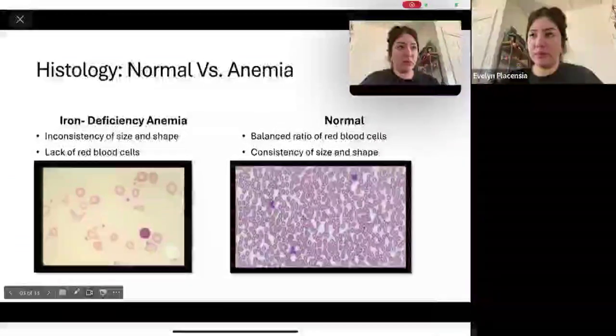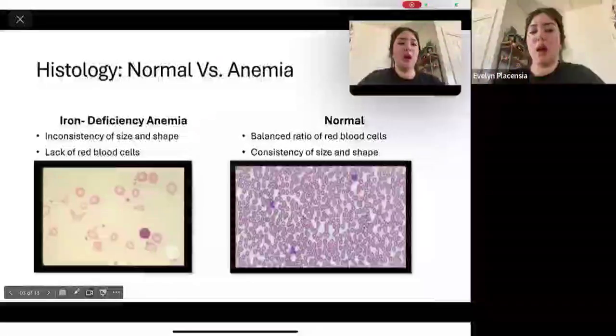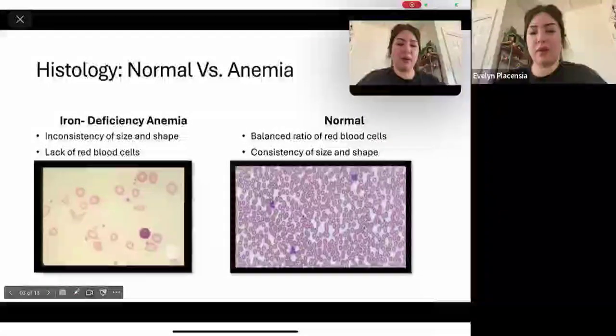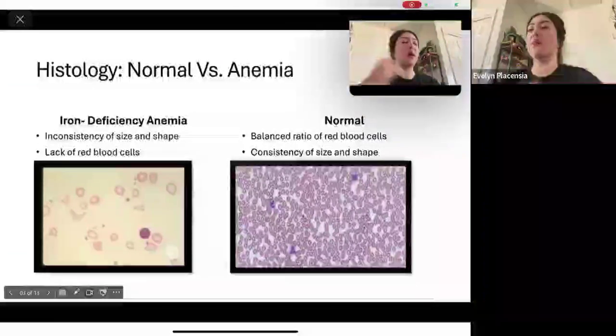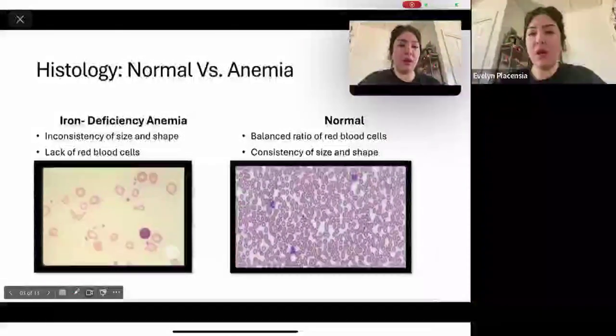Now that we know what we're looking at, what we're looking for, let's talk about the more common type of anemia, which is iron deficiency. Iron deficiency anemia is the same problem. It's a lack of red blood cells.